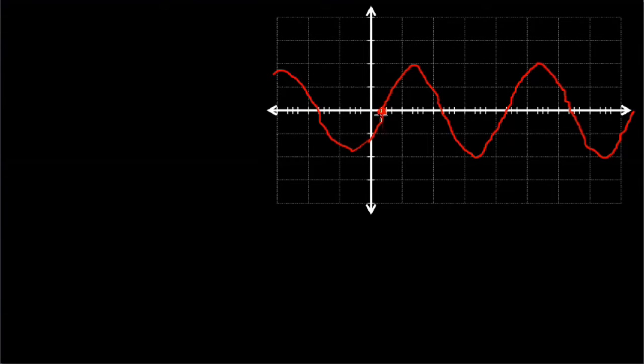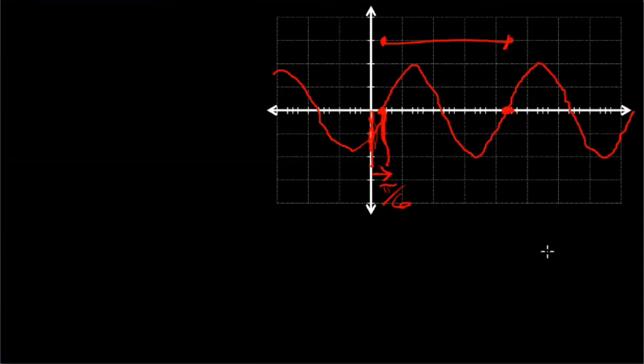So this point right here tells me that the graph has been shifted over to the right from the origin. And that distance right there, if I think about what these marks mean, this is pi over 2, this would be pi over 6. So it's moved right pi over 6. The period, the distance between one full period, starts here and ends here because I hit the same spot again.